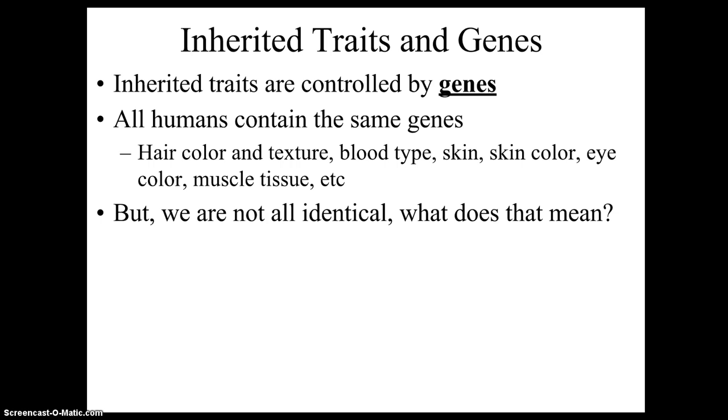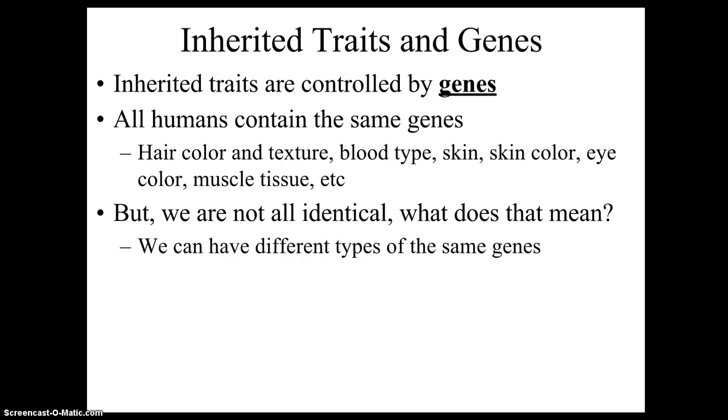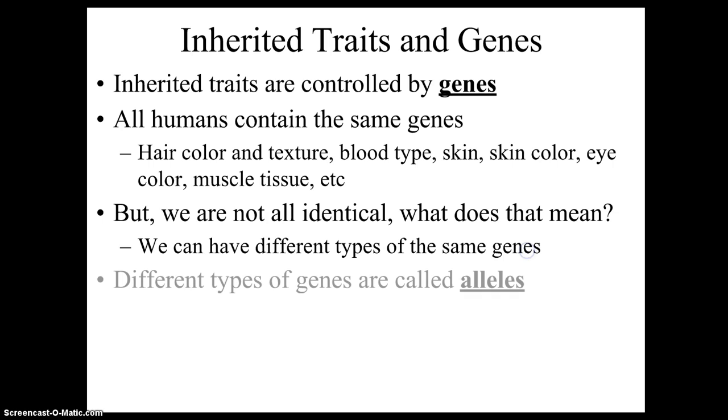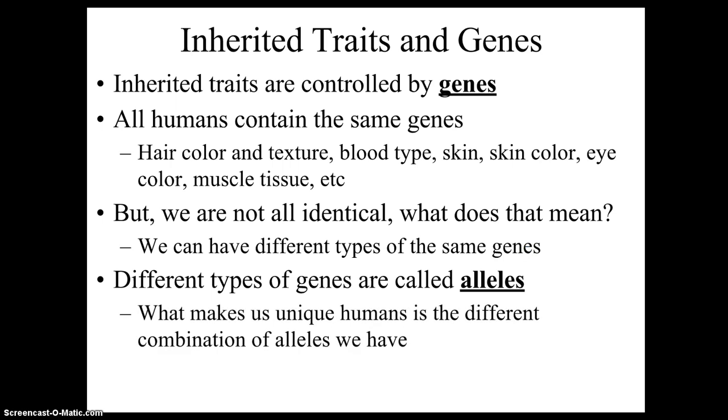There's different kinds of every sort of gene. Those different types of genes are called alleles. So what makes you a unique human is that you have a very unique combination of alleles. A combination of alleles that's never been seen before.